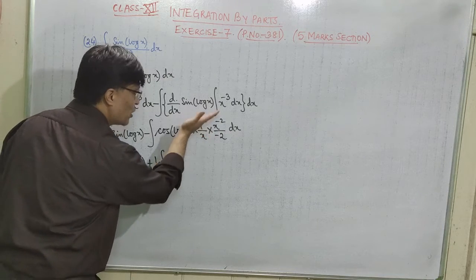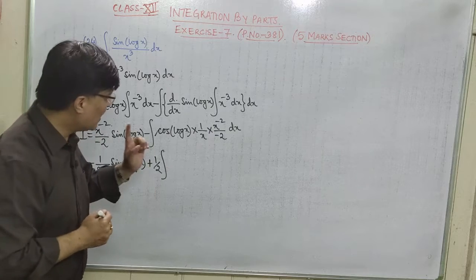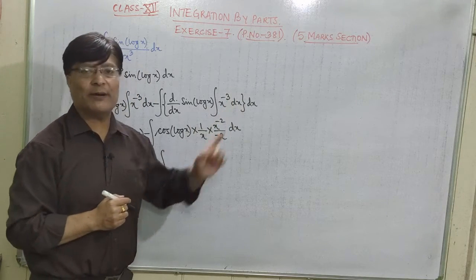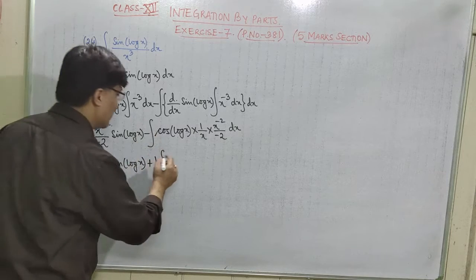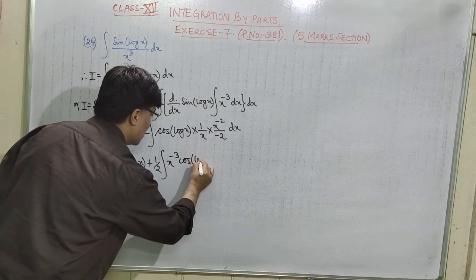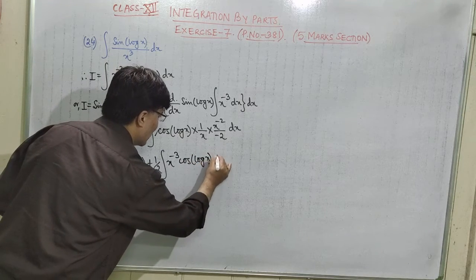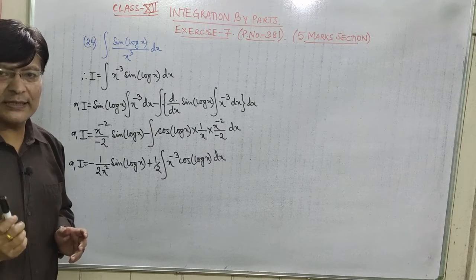When this x goes up in the numerator, it becomes x to the power minus 1. And you can simplify it with x to the power minus 2. What is x to the power minus 2 into x to the power minus 1? Powers will be added. You will get x to the power minus 3. Then we write cos of log x dx. So I think you have understood it.